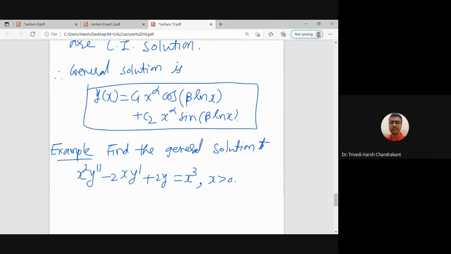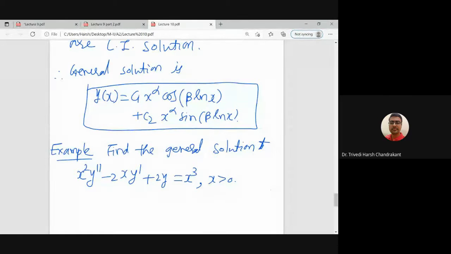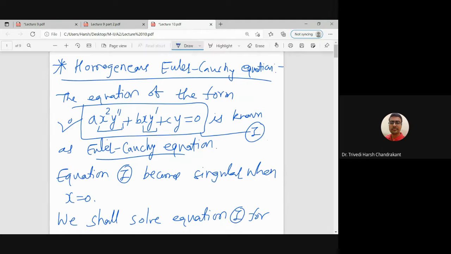All right. So what shall we do in this method? First of all, this equation is a non-homogeneous equation, right? And the equation is of the form constant times x square y double dash plus constant times xy dash plus constant times y. That means it is of the form Euler-Cauchy equation but non-homogeneous, right?